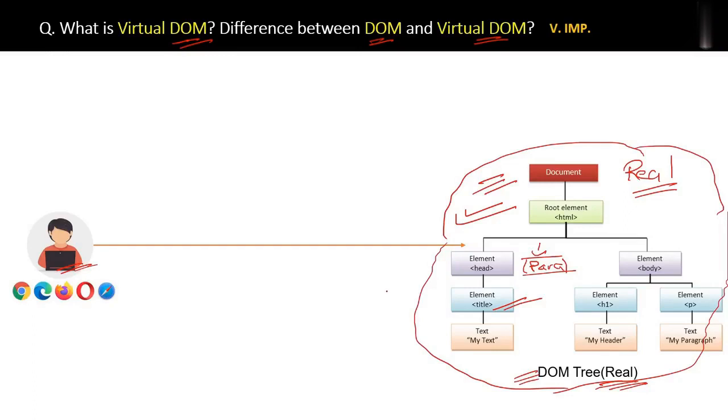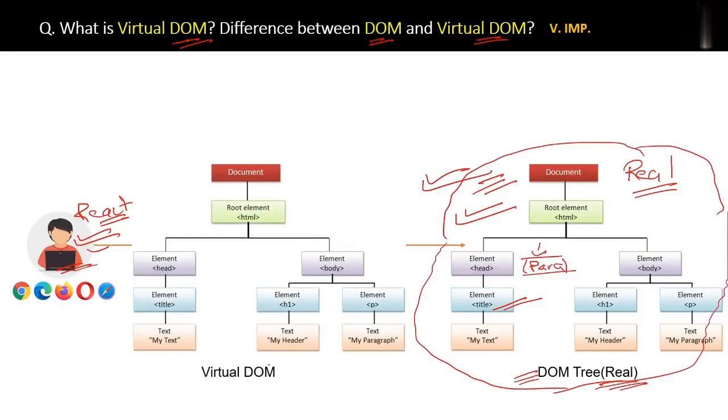To solve this problem, we have the virtual DOM. Now listen carefully. In a React application, if a user opens a React-based website in their browser, then in the background, the React library will make an exact copy of the DOM and show that copy to the user, not the real DOM.